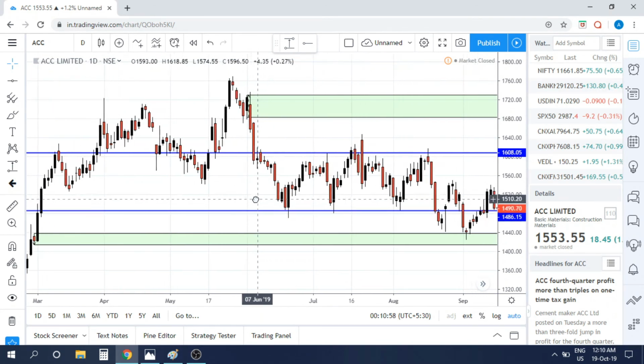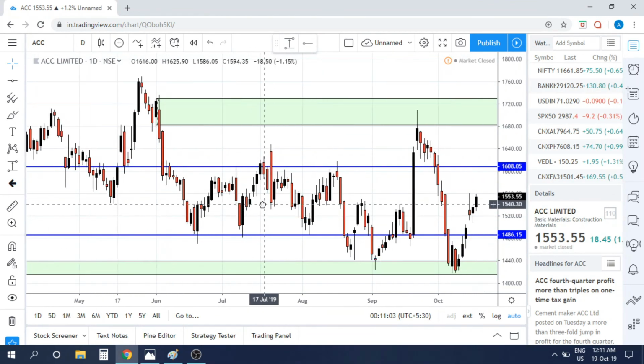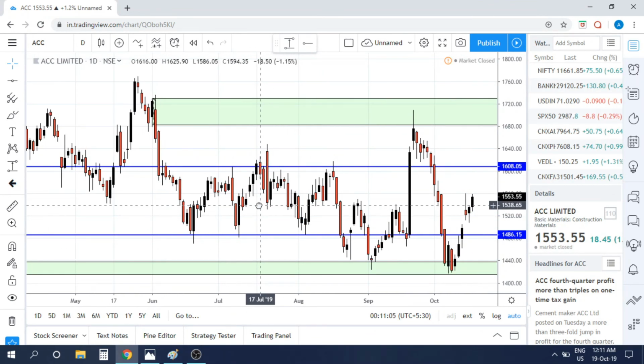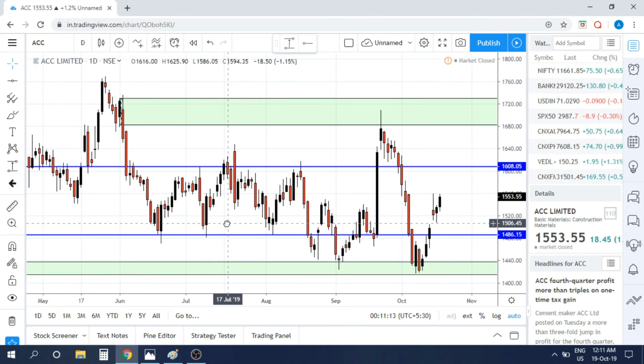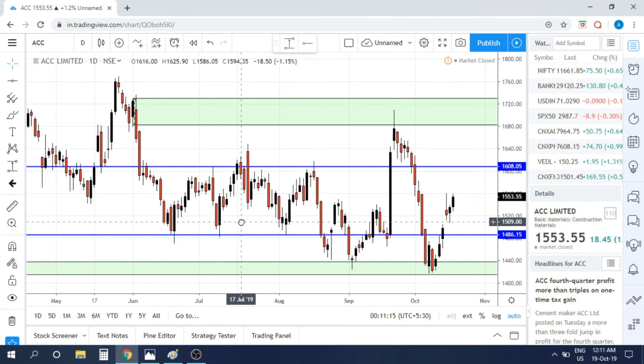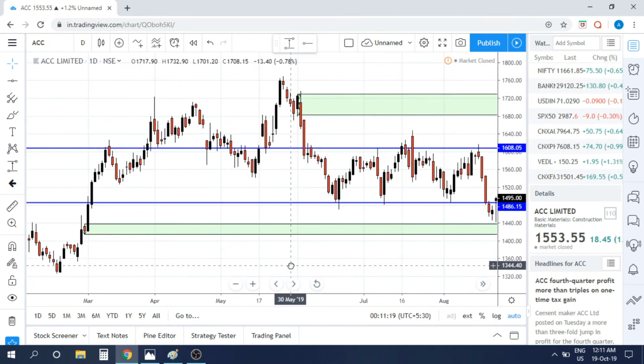There will be many such instances I can show you where this kind of phenomena happens over and over again, and it's really sad that a lot of retail technical traders who trade the classical patterns are often trapped.